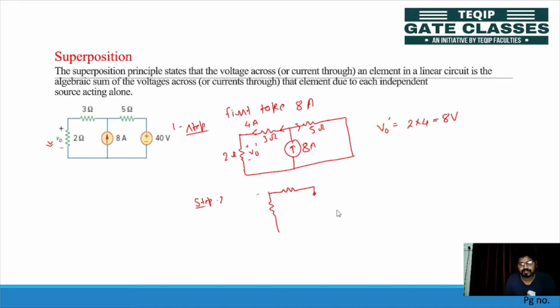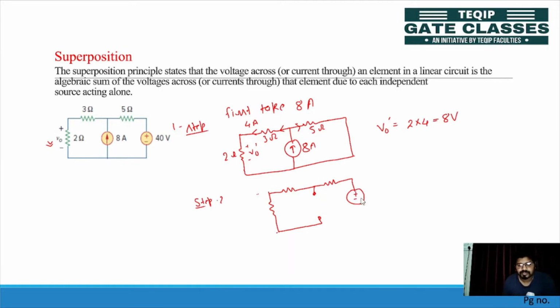Turning off a current source means open circuiting, because the internal resistance of an ideal current source is infinite. If it is a practical source, then we have to replace them by their internal impedance, but it is an ideal source, so we are replacing them by short circuit or open circuit.